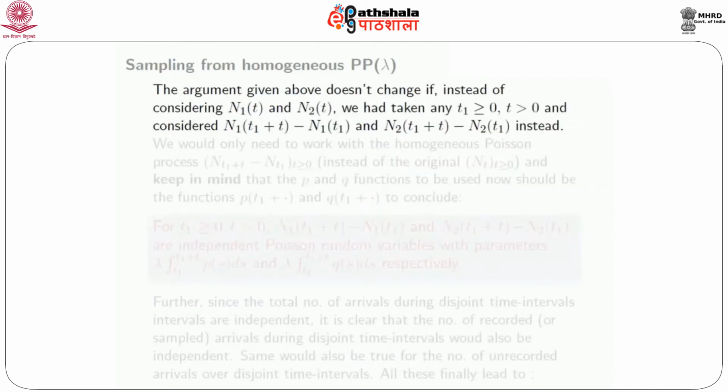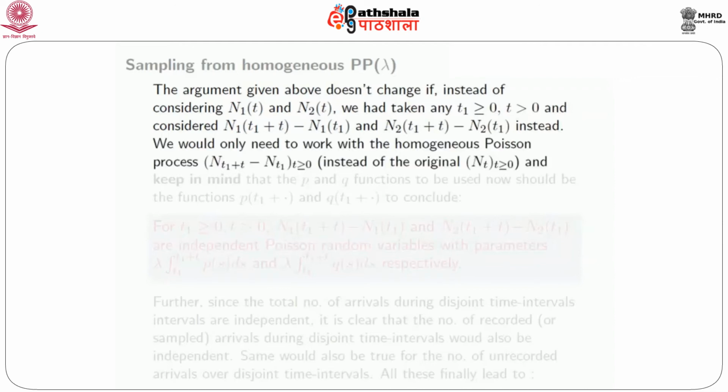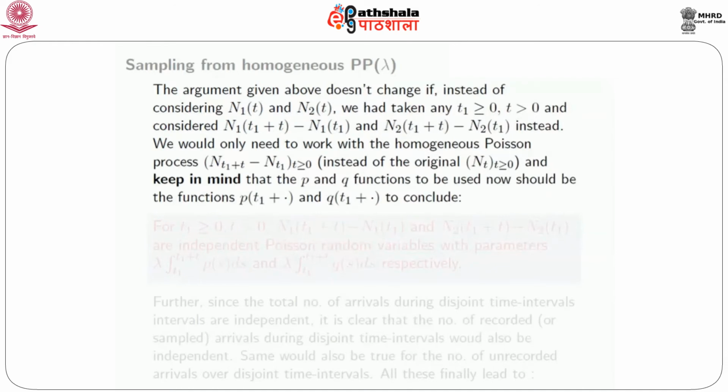Now, the argument given above does not change if instead of considering N1t and N2t, we had taken any t1 greater than or equal to 0, fixed, and any t positive, and considered N1(t1 plus t) minus N1(t1) and N2(t1 plus t) minus N2(t1).